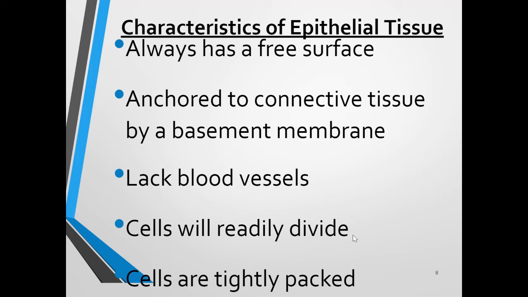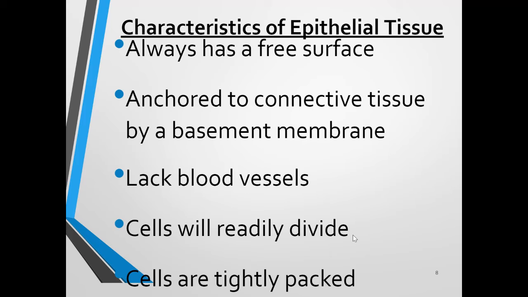All epithelial tissue lacks blood cells, so we call this avascular. This is pretty good for injuries because it heals quicker. But because there's no blood vessels, these cells have to get their nutrients by absorption and diffusion.